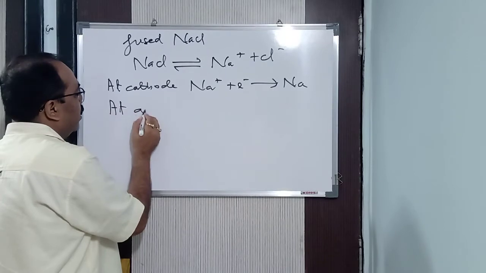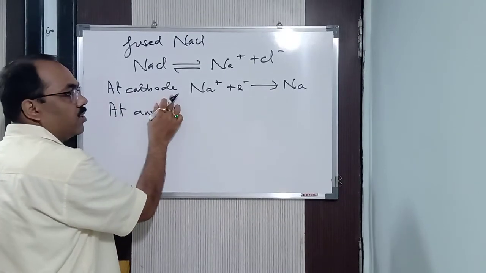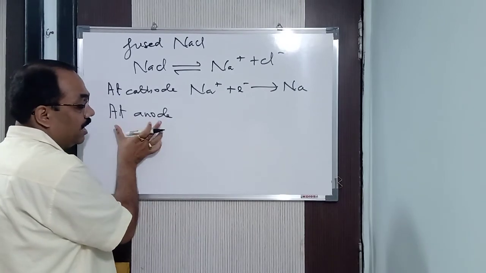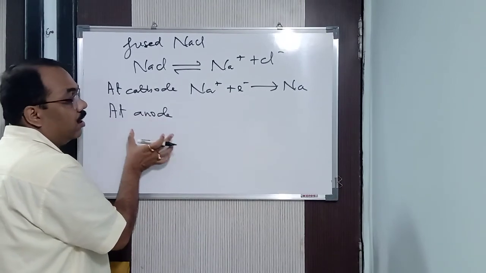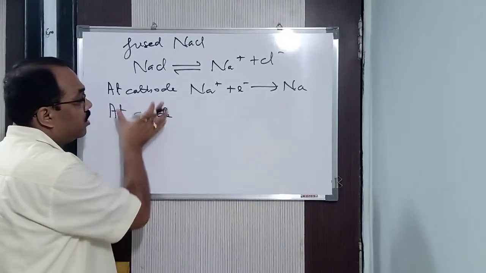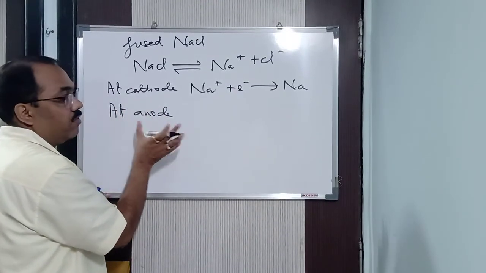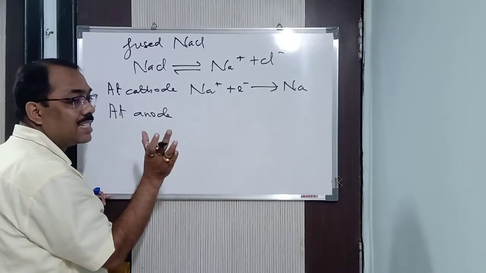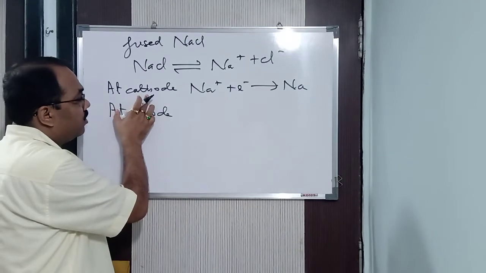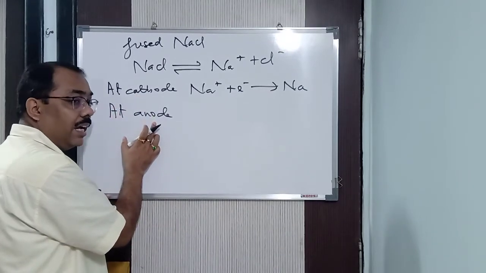Cathode is negatively charged, and anode is positively charged. Now it is electrolysis, students, not electrochemical reactions. In a galvanic cell, the cathode was positive and the anode was negative.